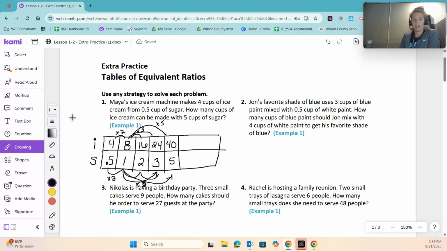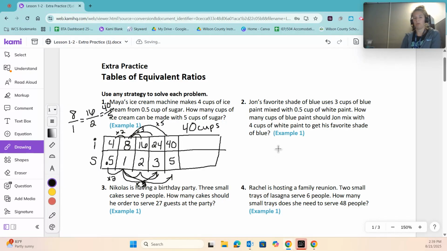So it is 8 cups of ice cream for 1 cup of sugar, which is equivalent to 16 cups of ice cream for 2 cups of sugar, and 40 cups of ice cream for 5 cups of sugar. Those are equivalent ratios and equivalent fractions, same thing. We're using the table to help us with those. So again, 40 cups of ice cream can be made from 5 cups of sugar.